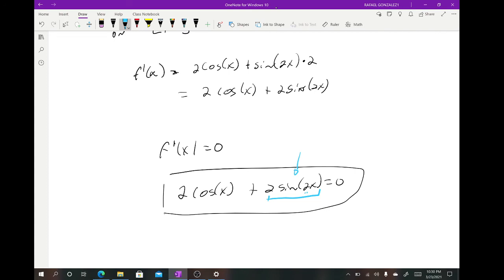So I'm going to leave it at that. And then once you take the derivative and you find what makes this equal to 0, then all you have to do is test it on f. So you're going to plug in here, let's say x1, and then if there's another one, x2, and you'll find your critical numbers. Okay?